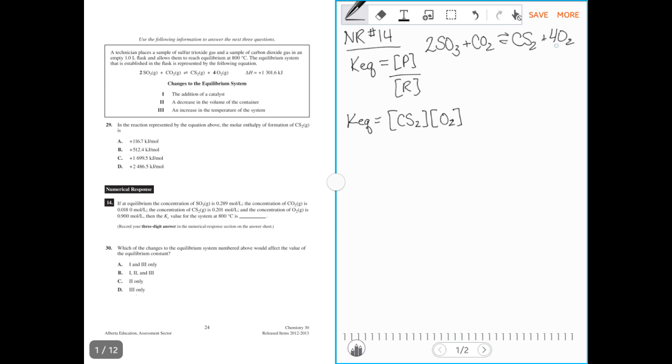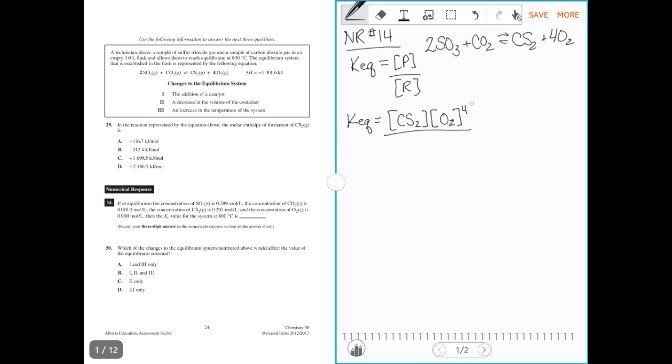However, in this equation here, we have coefficients in front of some of our entities. So when we write out our KEQ, or equilibrium constant expression, we need to include those coefficients as exponents.